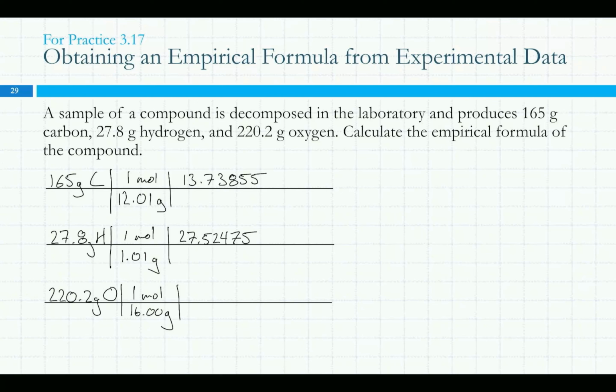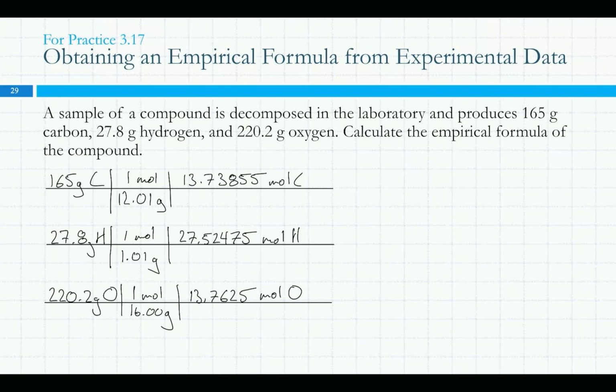Don't worry too much about rounding. Hope everybody's good. All right, converting grams to moles. Just in case you didn't know where I got those numbers, from the periodic table: 12.01, 1.01, and 16.